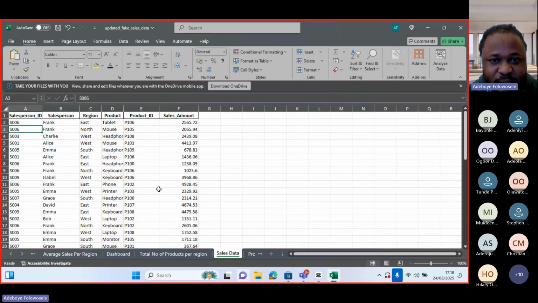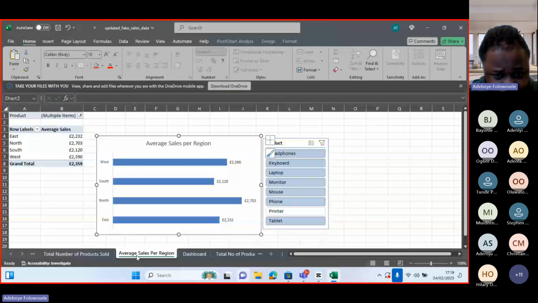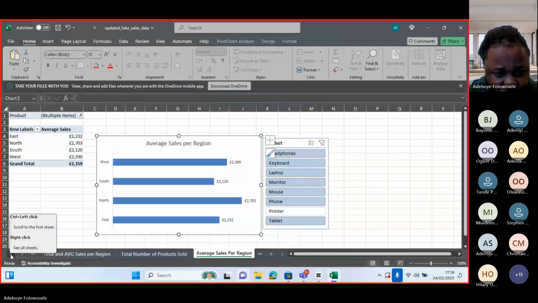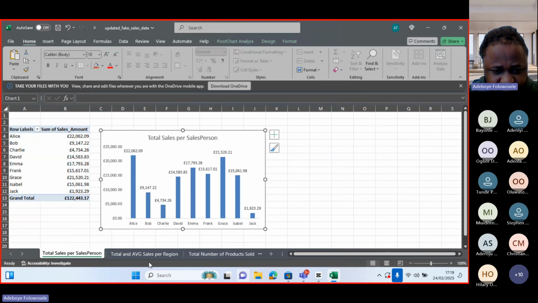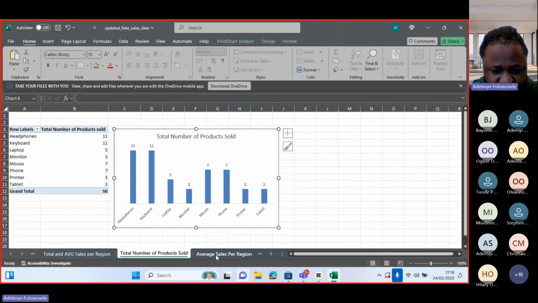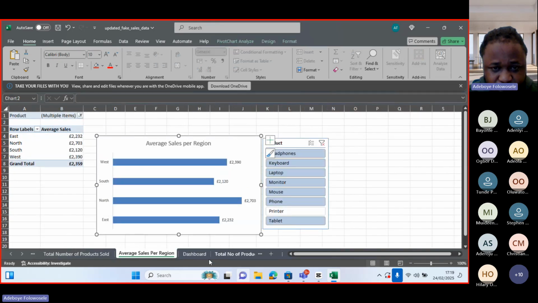We could look at, I'm not sure that we did total number of products, that is, average sales per product. I'm not sure that we did that last week. The average sales per product. No, we didn't do that last week. So let's do average sales per product.